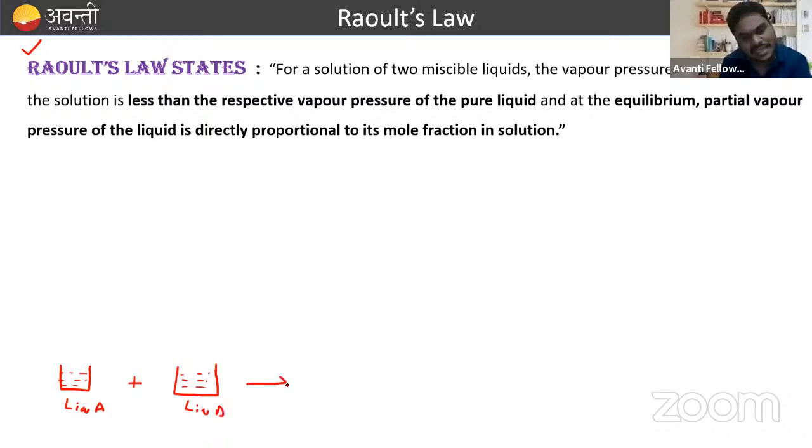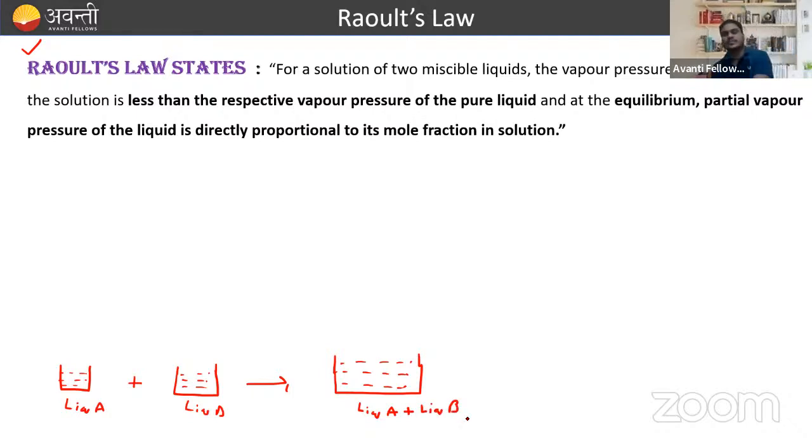When we mix each other, liquid A and liquid B, we get liquid A plus liquid B. This is what we get, right?